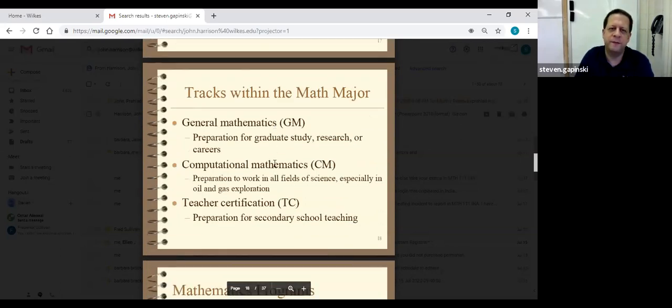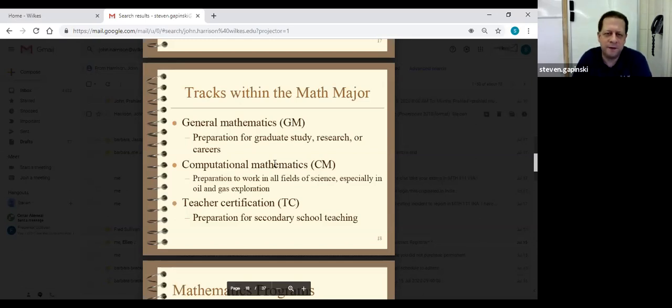So we want to give you an idea of what the various tracks are within these possibilities. Okay, so we have general math as a track, and that's a track where you're going to prepare for graduate study, research, or careers. So just like it sounds, it's more for graduate study and research. It's more of an academic tilt where you might be thinking about that as a career.